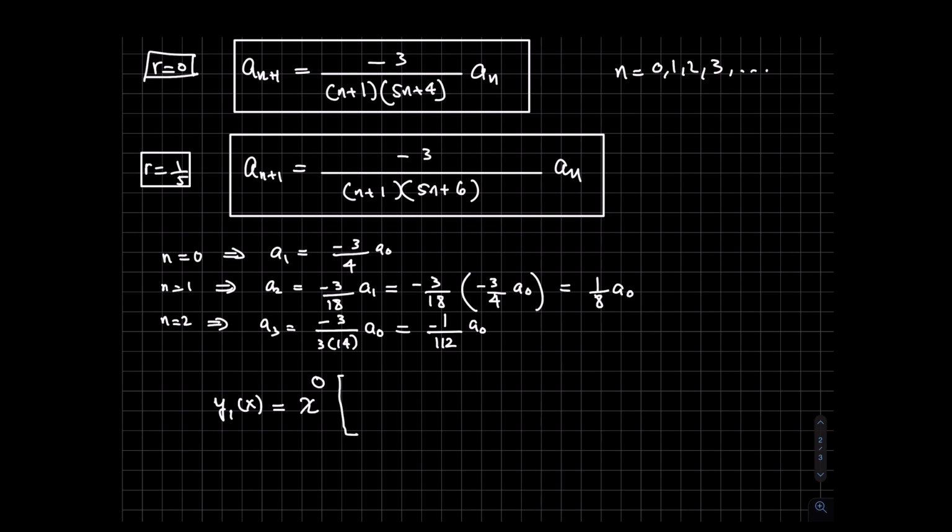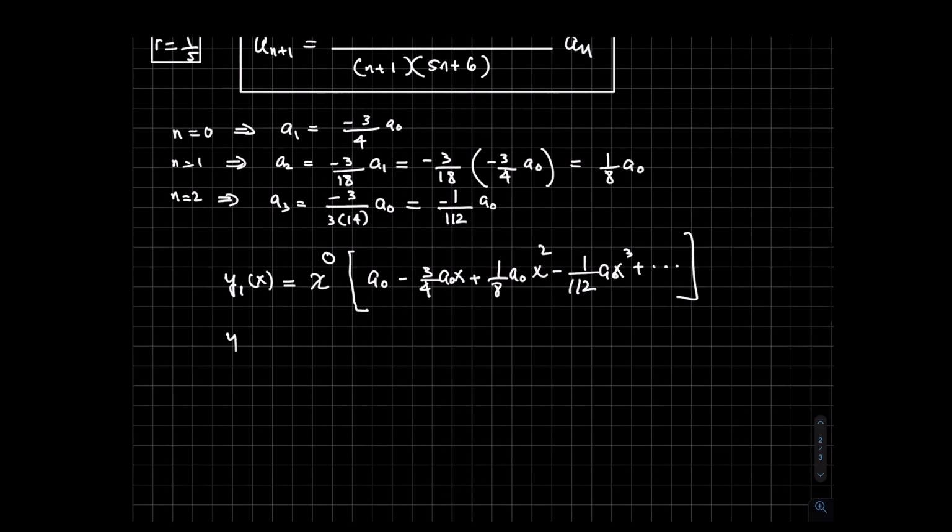So it starts with that. And now I can write my solution, which is a naught, because it looks like everything is written in terms of a naught. And then the next term is minus 3/4 a naught x. And then the next term is plus 1/8 a naught x squared. And then minus 1 over 112 a naught x cubed, and so on.